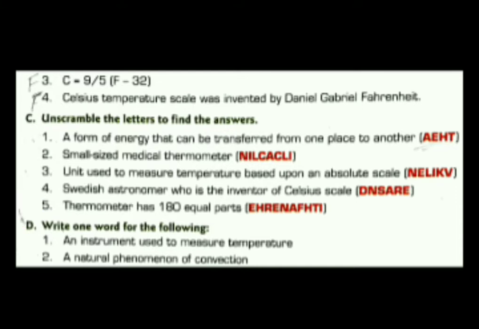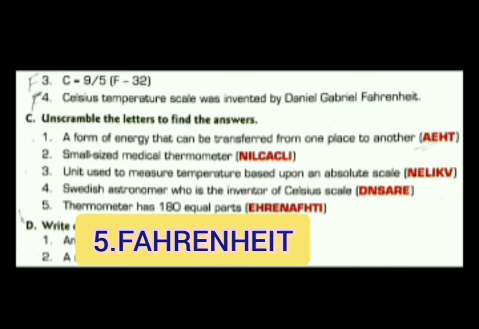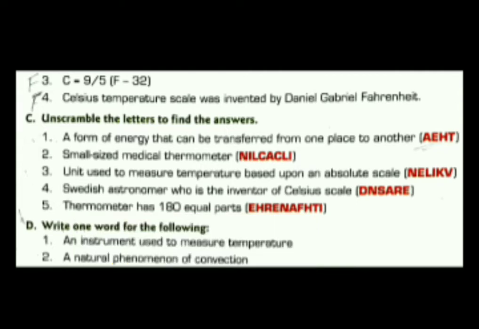According to the given letters, the answer we can make is Fahrenheit. Fahrenheit is the temperature scale which is divided into 180 equal parts between its lower fixed point and upper fixed point, that is the two fixed temperature limits. So students, these were all 5 questions of section C.